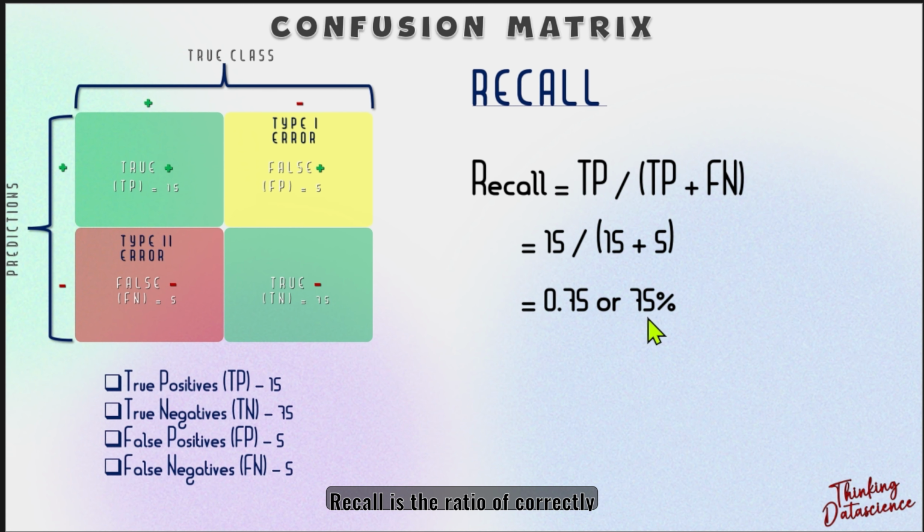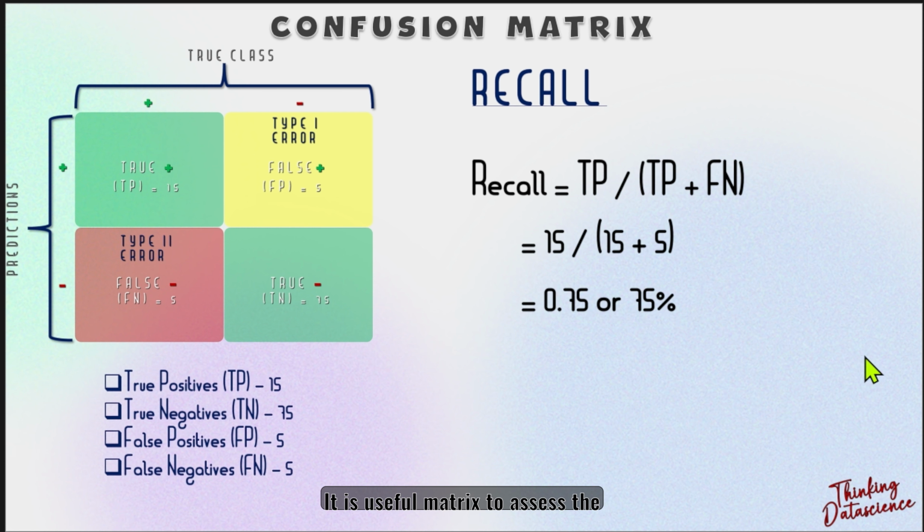Recall is the ratio of correctly predicted positive instances to the total positive instances, and it is given by this formula. So true positive divided by true positive plus false negative. Specifically, recall measures the proportion of true positives, that is the number of correctly classified positive instances, out of all actual positive instances in the dataset. So in other words, recall will tell you how well the model is able to correctly identify positive instances overall.